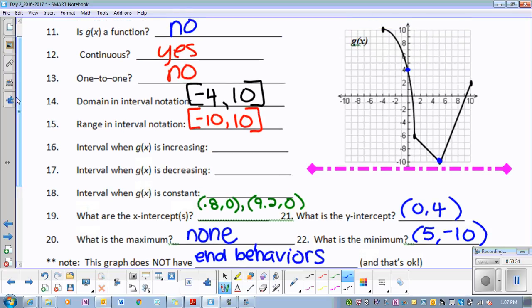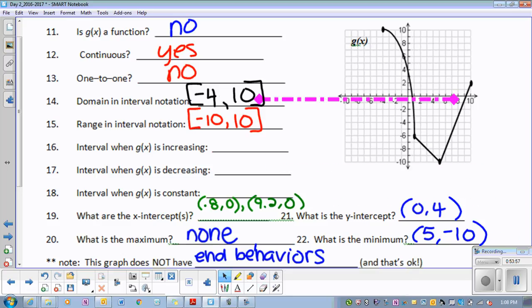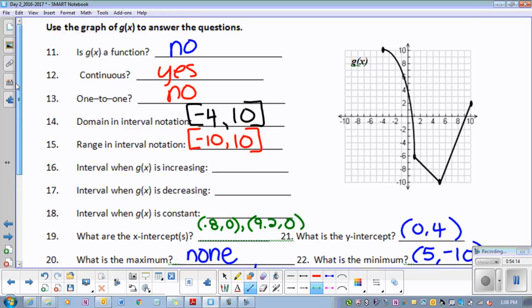All right, so let's talk about increasing and decreasing. Over the years of teaching Algebra 2, this is the easiest way I've come up with to teach this. What you want to do when you get a graph is see if there are any points where the graph changes direction.